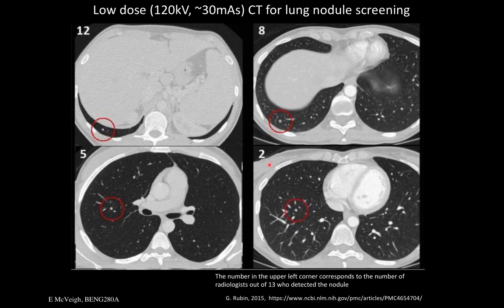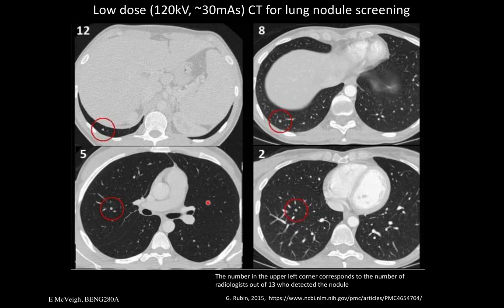Yeah, these 2 people that called it positive, maybe they called this thing. Who knows? You could be wrong and still be right. You could look it up because it's a paper. Okay, so it's right here. This guy's from Stanford, Rubin, and it's a pretty recent paper.